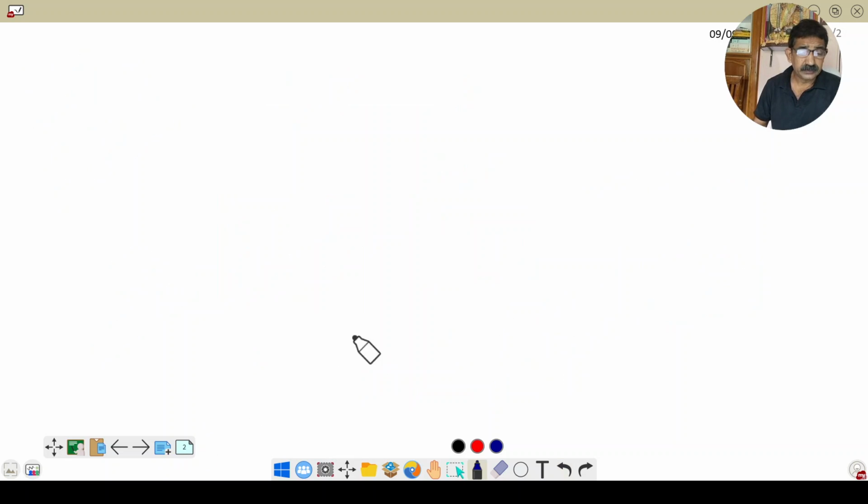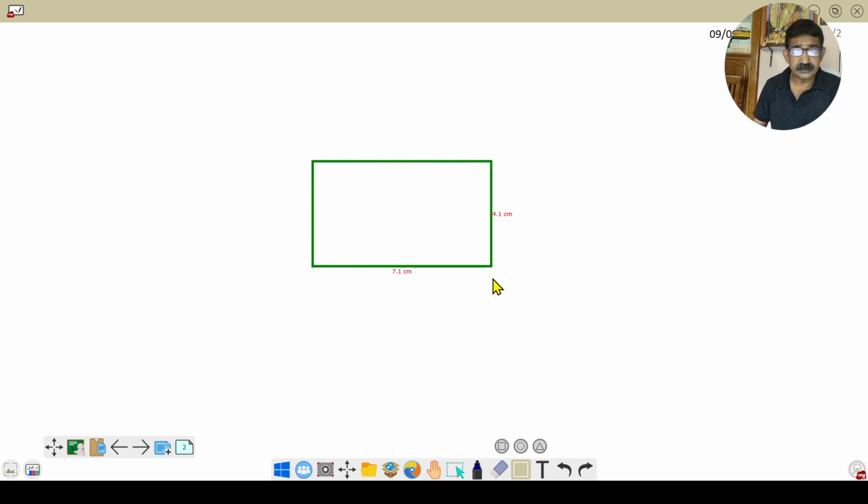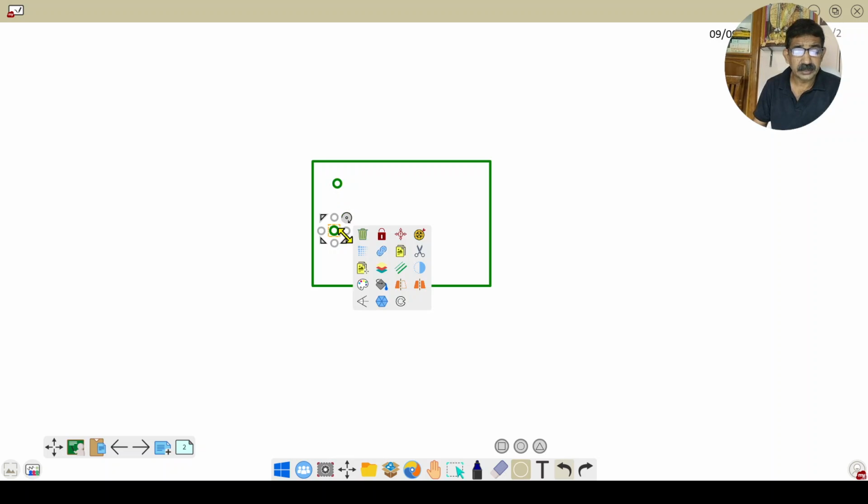Suppose this conductor, the same conductor, this is the conductor, and there are electrons. There are so many electrons. So this is the electron, one electron, another electron, and so many electrons are there. Now, electron is a charged particle, you know.